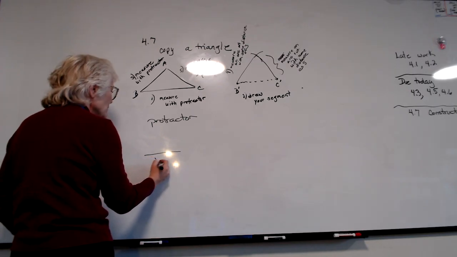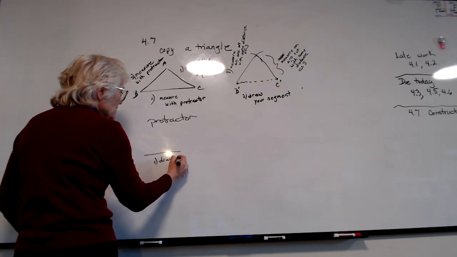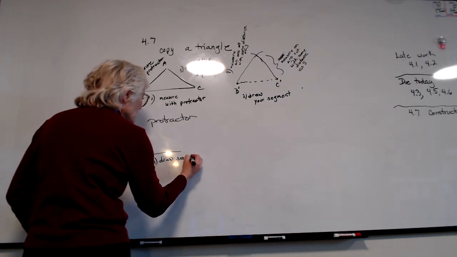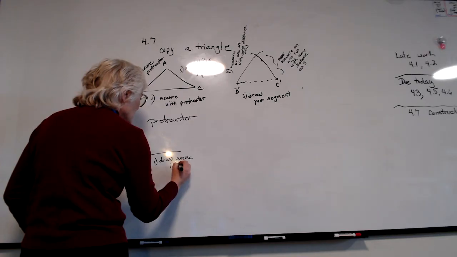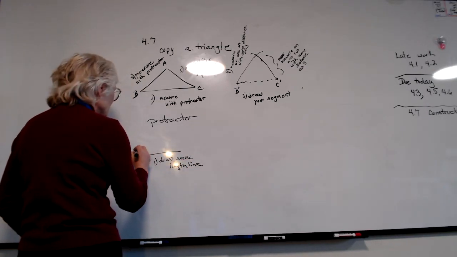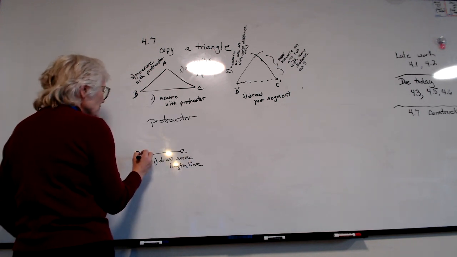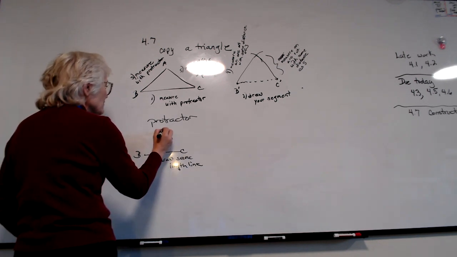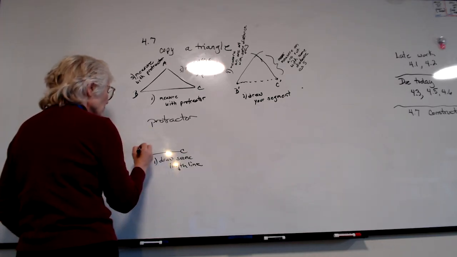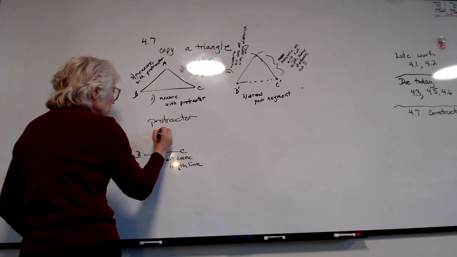So 1, you would draw a similar line or same length line. So BC. Then what you're going to have to do is measure with your protractor up here and find an area where it goes. So you measure up to find your angle.